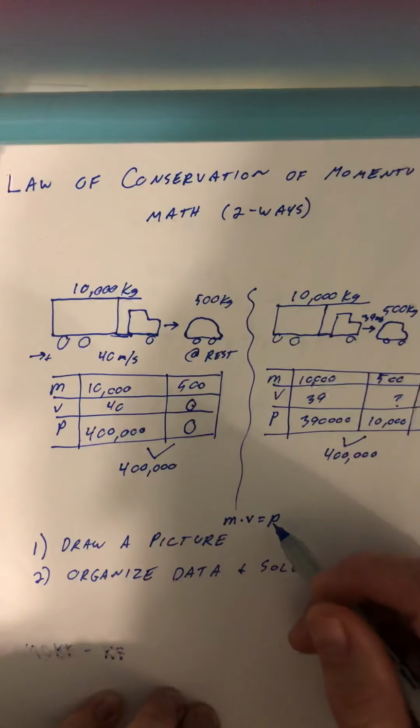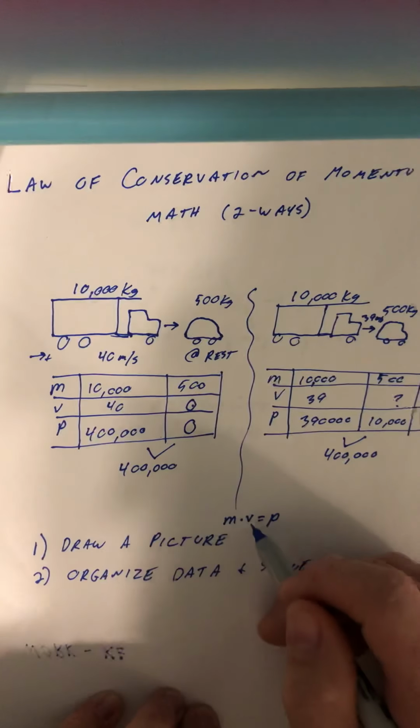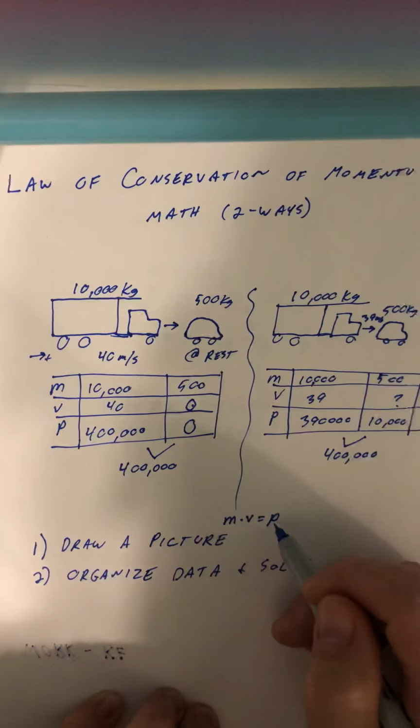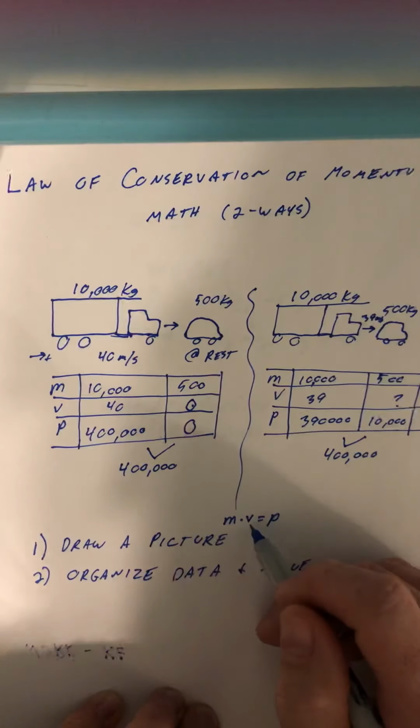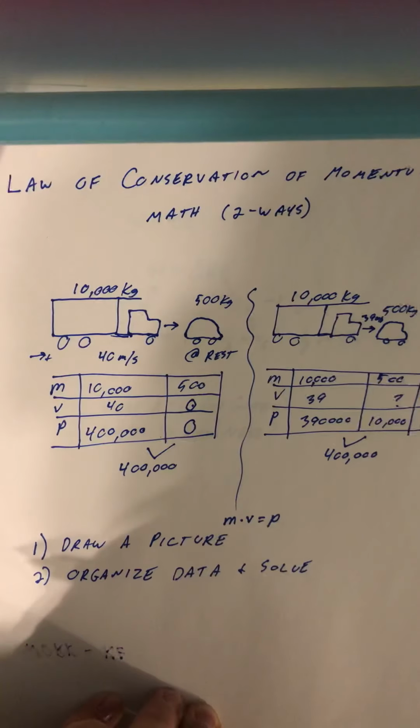In order to get my velocity, knowing that mass times velocity gives me momentum, if I take my total momentum and divide it by either of these two, it will give me the other one.